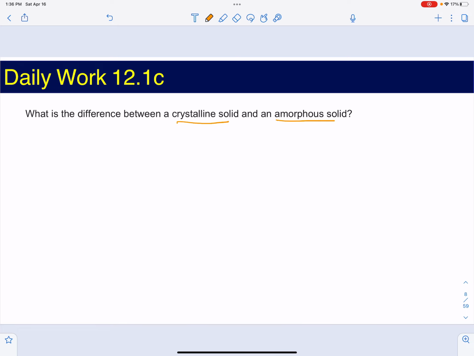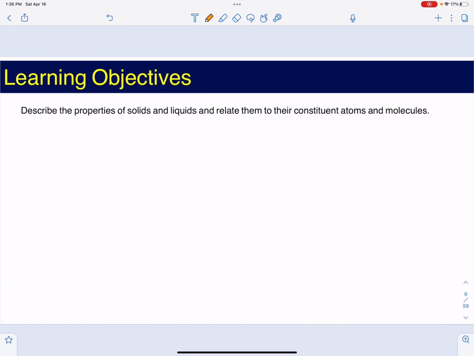And once you're done with that, we're going to say that we have discussed some of the properties of solids and liquids, pending that you look at the textbook or the posted PowerPoint in Canvas, and we can relate those properties to how the atoms and molecules are distributed within the solid, liquid, and gas, which is based on their intermolecular forces. I understand we haven't discussed much about the intermolecular forces, but paraphrase what I said in your own words so you can own that understanding.